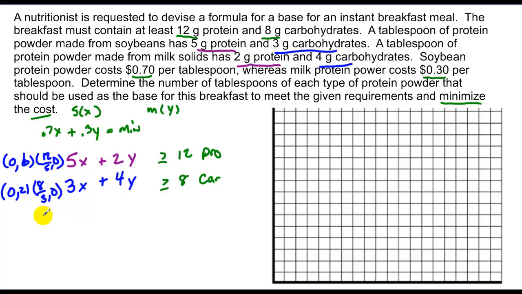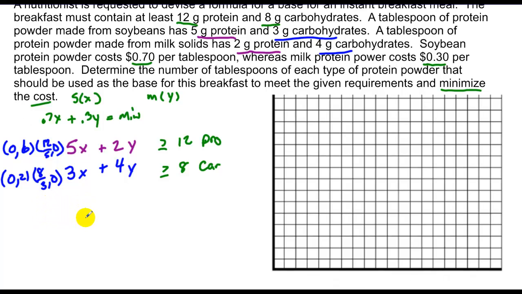And next, I probably ought to graph these, and we're going to need to make a decent scale. I'm going to go by halves. So let's go ahead and do that. So this is 1, 2, 3, 4, 5, 6, and 1, 2, 3, 4, 5, 6.